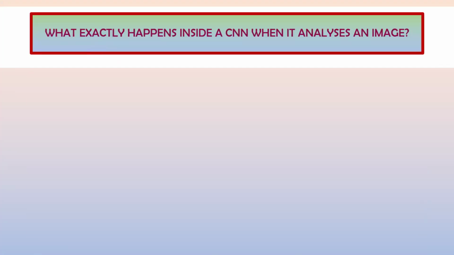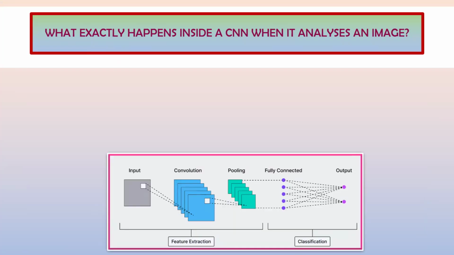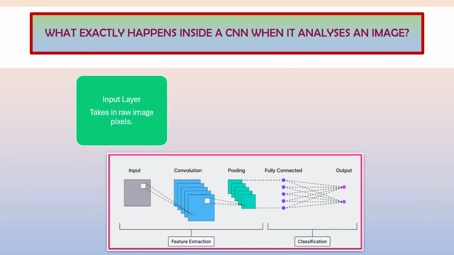What exactly happens inside a CNN when it analyzes an image? A CNN generally has two main parts, the feature extraction block and the classification block. A CNN starts with an input layer that collects the image as a matrix of pixel values.